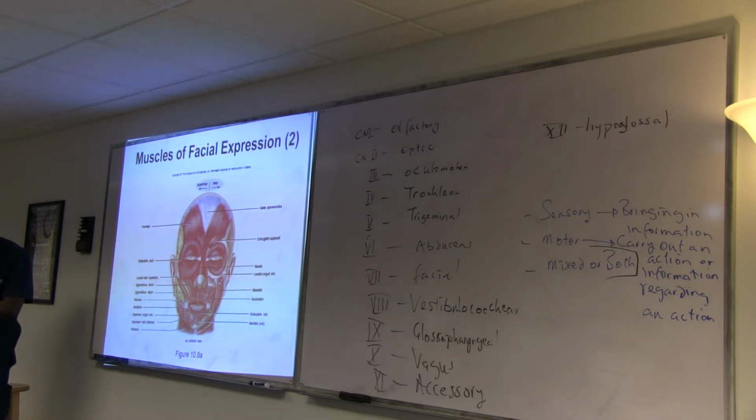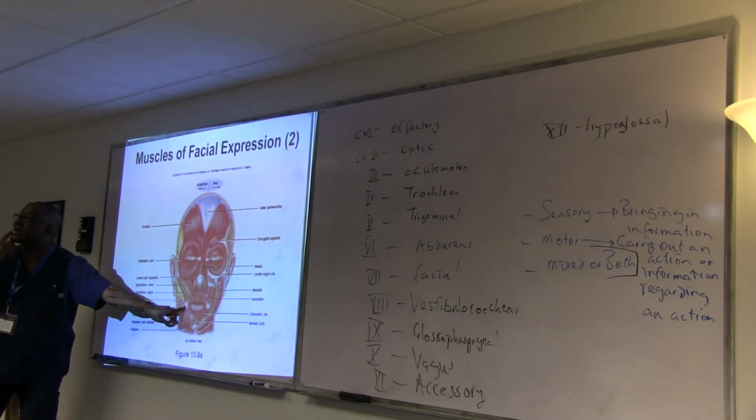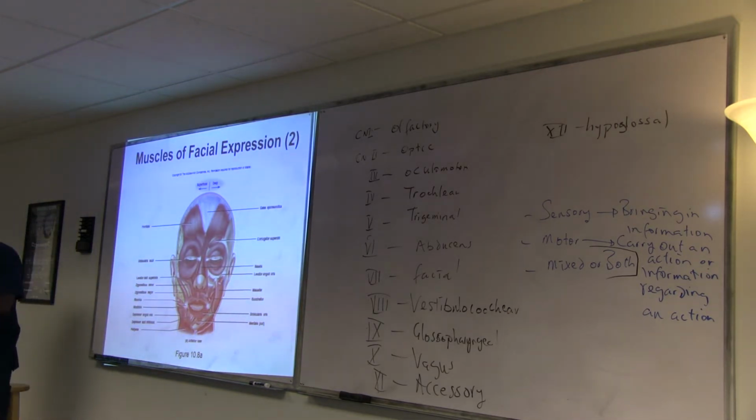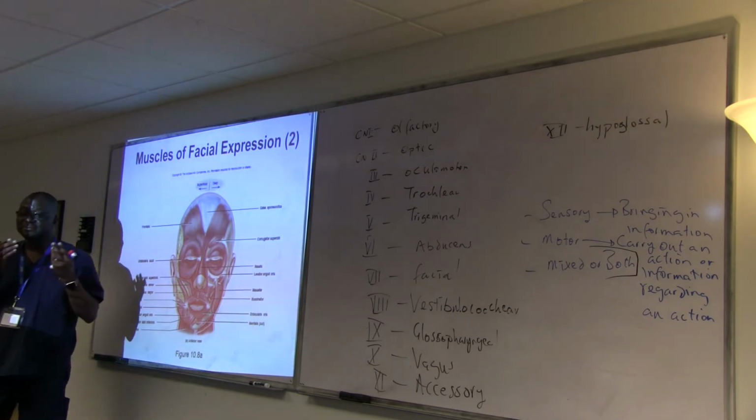Where is it coming from? Origin. It's around the mouth, modiolus of mouth. The modiolus is actually like the angle around here. That's where it's coming from. Okay? Where is it going? It's going to the skin and mucosa of lips. Okay? So that is why.